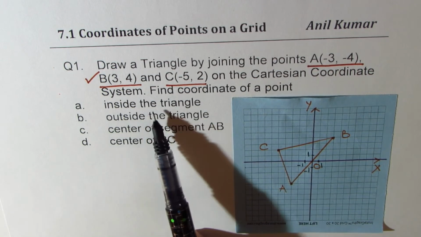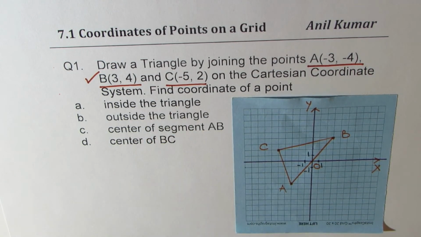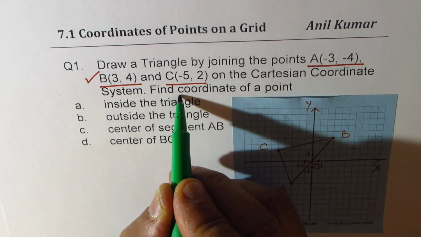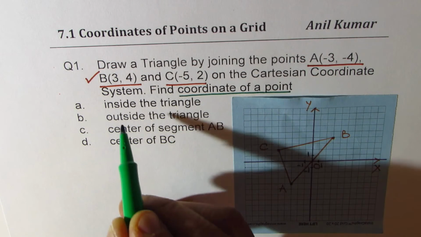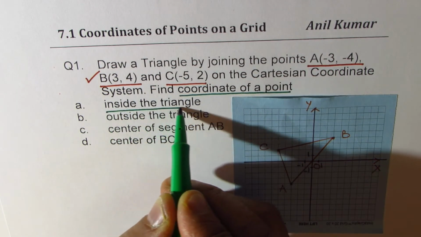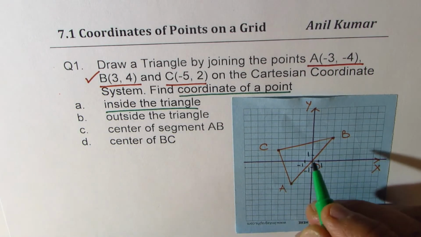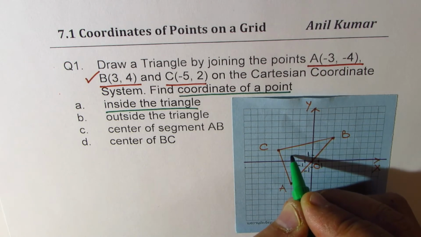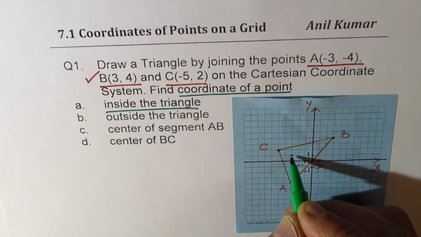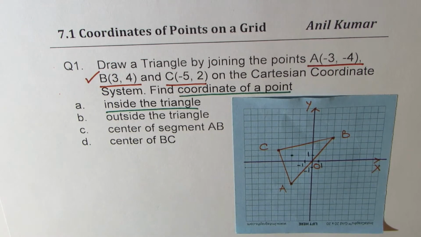First, inside the triangle. So what we are trying to figure out now? We want to find coordinates of a point, just one point, inside the triangle. Anywhere inside the triangle. You can actually pause the video and answer these questions. So let's take a point. If I take this point, for example, what is the coordinate of this point?